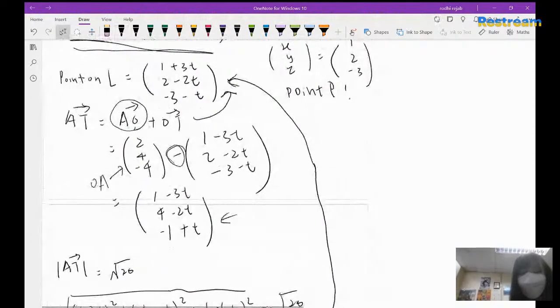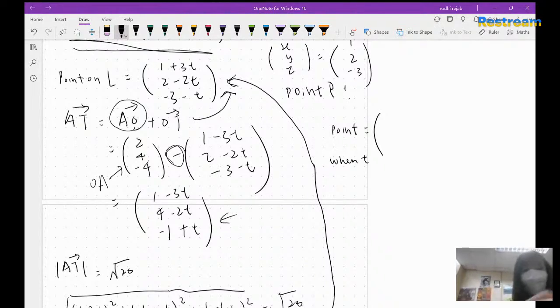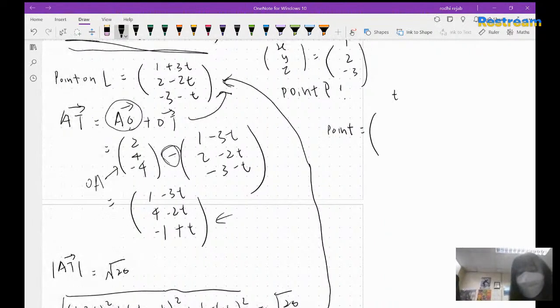Okay, so let us sub together. Point when t goes to 1, and we have to answer another when t equals to -1.